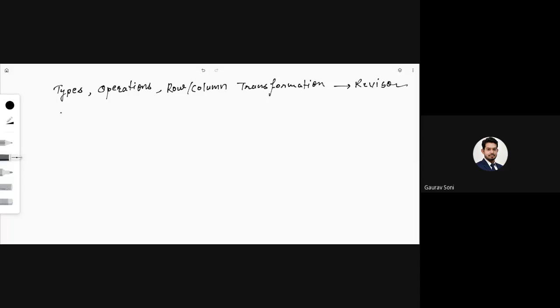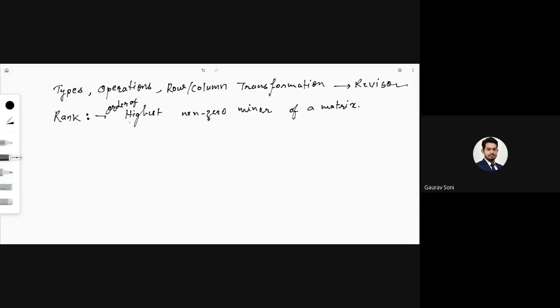Then we have defined rank. So the basic definition of rank was the highest order of highest non-zero minor of a matrix is nothing but the rank.